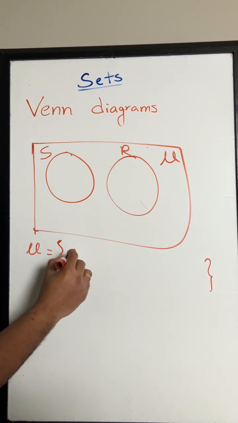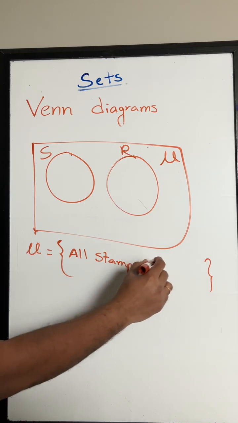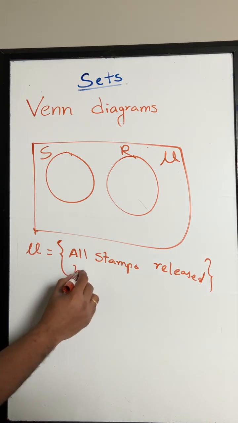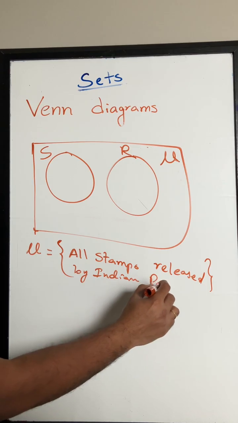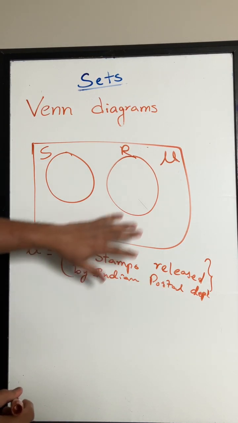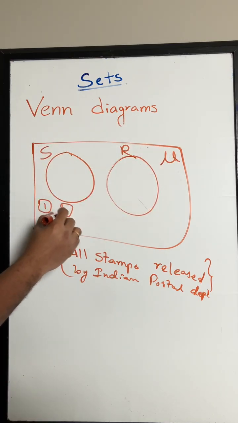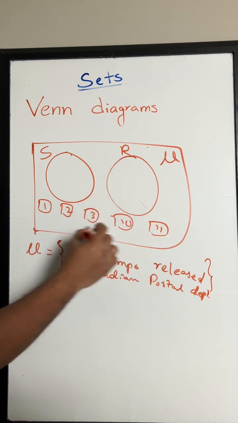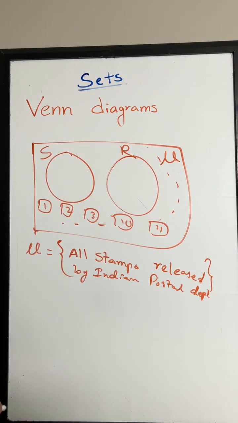All stamps, our stamps example, released by the Indian Postal Department. If you take this as mu, this represents all the stamps, like 1, 2, 3, 10, 11, every stamp.